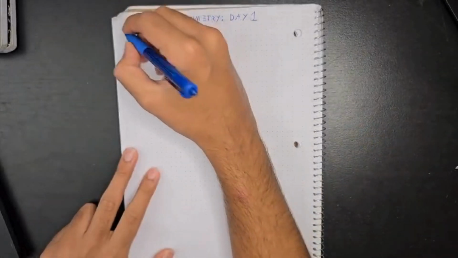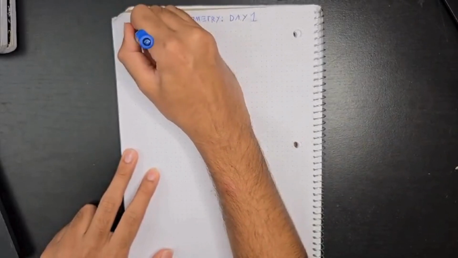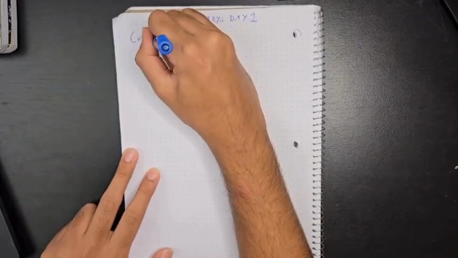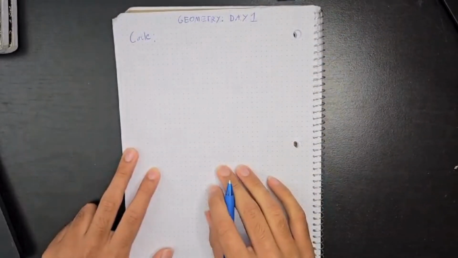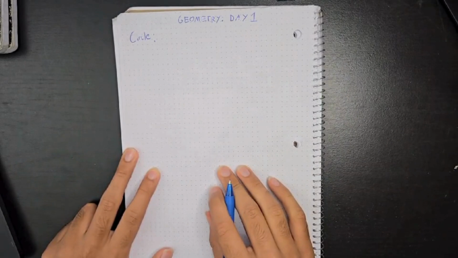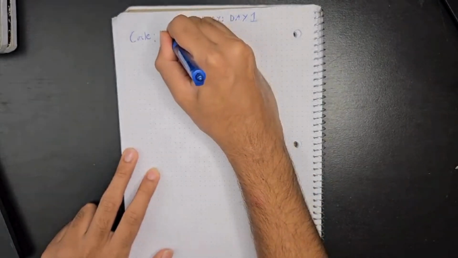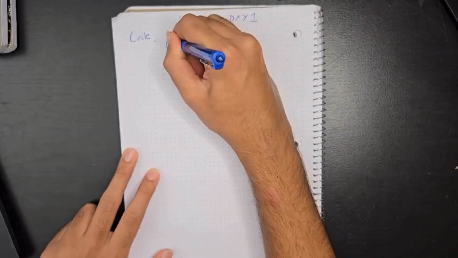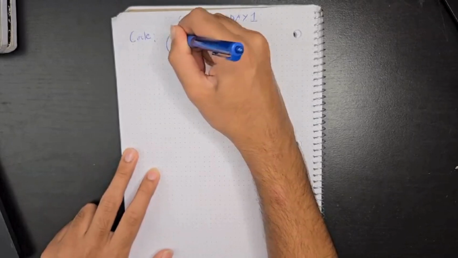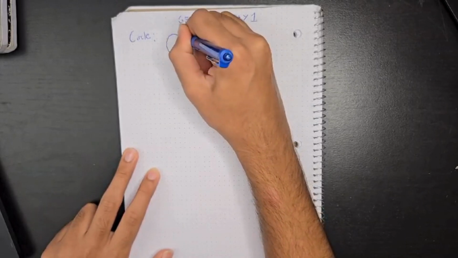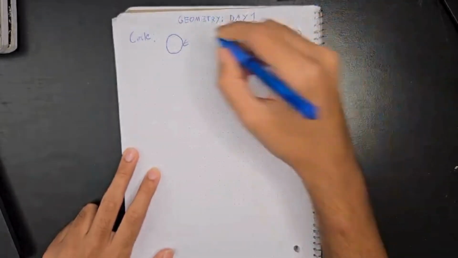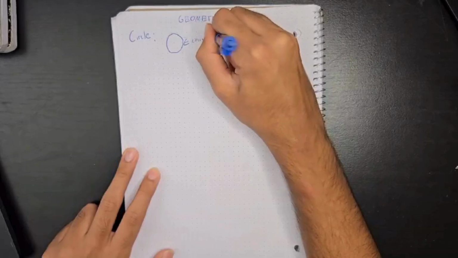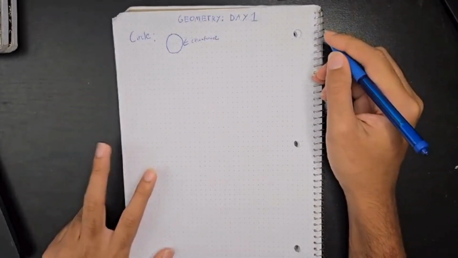So the first one is a circle. What is a circle? It's basically this shape, which I'm sure we've all seen before, and then there's the circumference, which is the outside part.